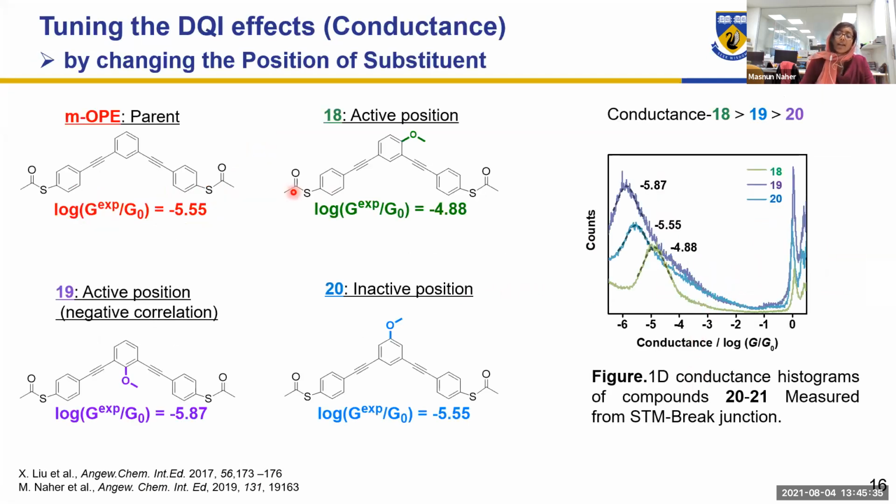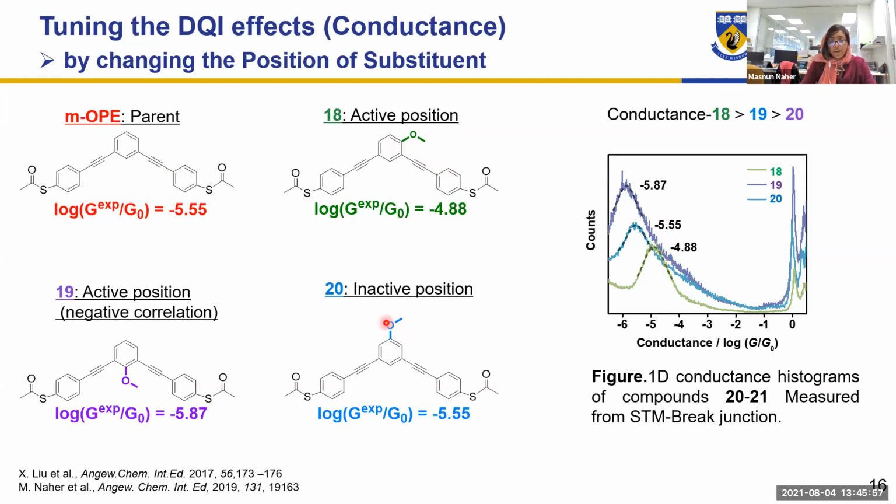So in our project, we designed this parent system, and we chose ortho-methoxy as a substituent. When we put the ortho-methoxy group at the 4 position, you can see molecular conductance increased almost 1 order of magnitude compared to the parent compound. And here are the experimental conductance histograms.